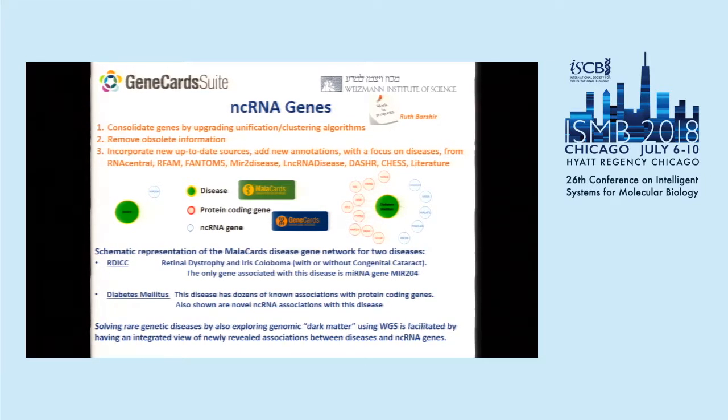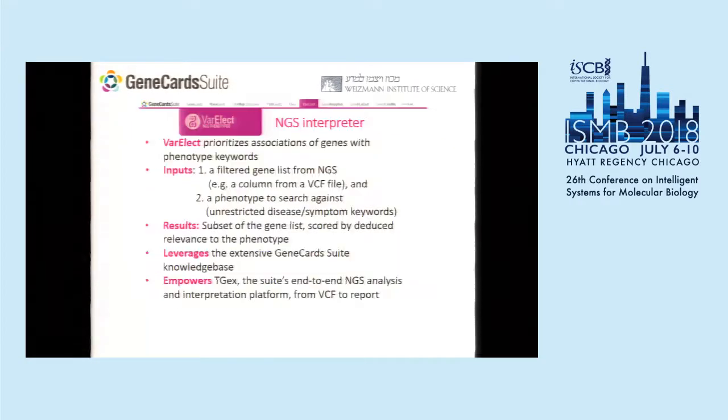That's already in the GeneCards knowledge base. Other diseases, like diabetes, have many elite, even non-elite protein coding genes associated with the various forms of diabetes. But in addition, there are many RNA genes that, while we're prototyping this project, we've come across that are not yet in our system, and they will be added as a result of this work.